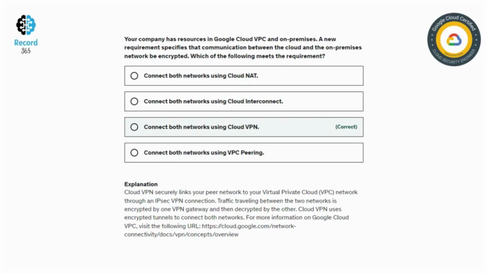And here is the explanation. Cloud VPN securely links your peer network to your VPC network through an IPsec VPN connection. Traffic traveling between the two networks is encrypted by one VPN gateway and then decrypted by the other. The Google VPC uses encrypted tunnels to connect both networks.